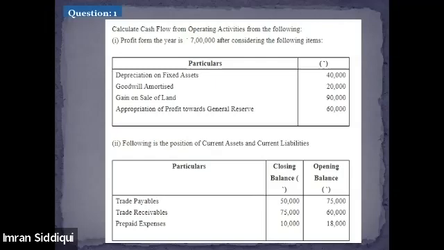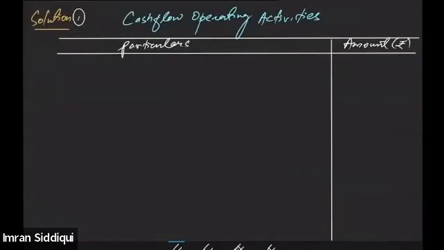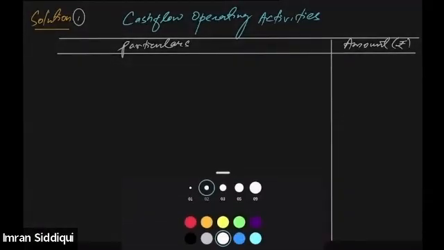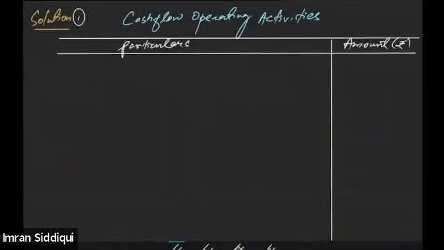Now, first of all, what we'll do, we'll be writing the amount of profit which is given in the question. All right. So let me do that. This is profit. Just a second.